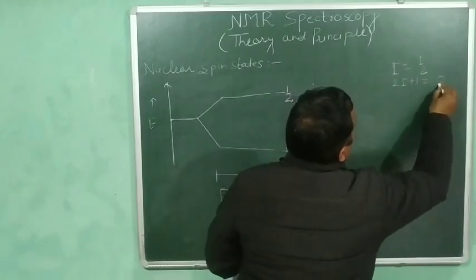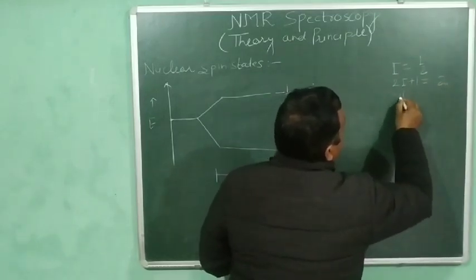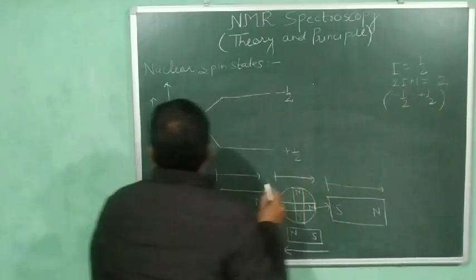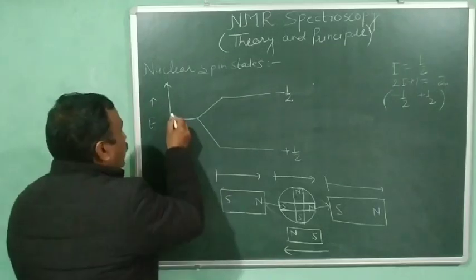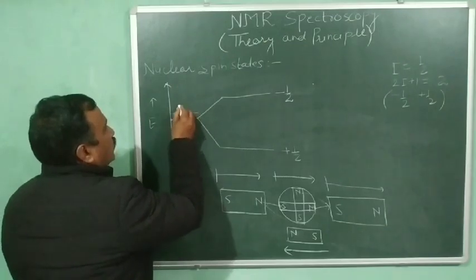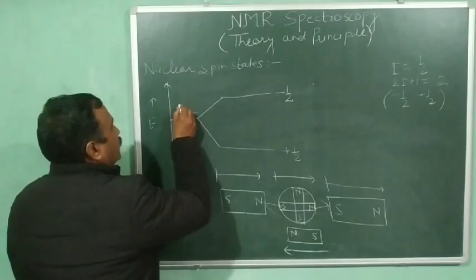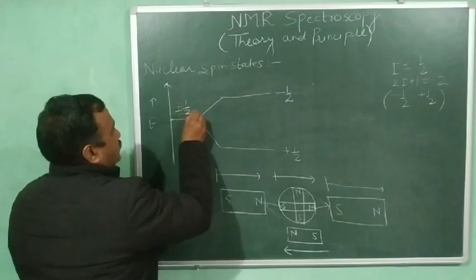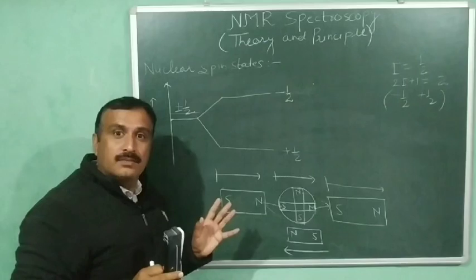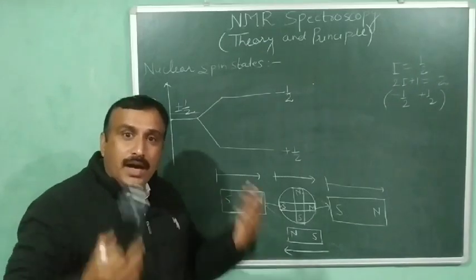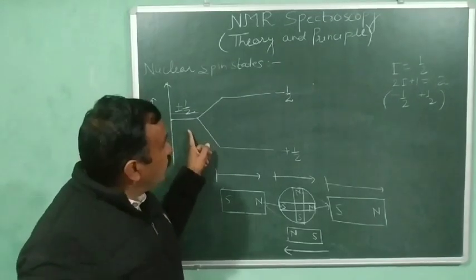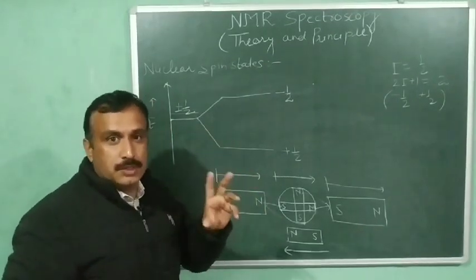So there will be two nucleus spin states, and the spin states are -1/2 and +1/2, and these two spin states are degenerate when there was no external magnetic field. But when we apply an external magnetic field, this degeneracy is lifted and we get two spin states.